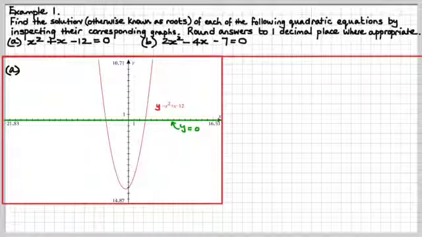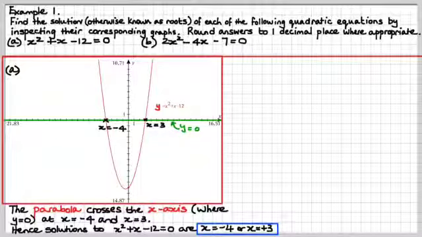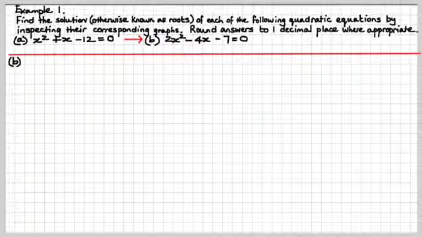So there's my green line, y equals 0, there are my values, and therefore they are the solutions. The parabola crosses the x-axis where y equals 0, at x is minus 4 and x is 3. Hence the solutions to x squared plus x minus 12 equals 0 are x equals minus 4 or x equals plus 3. It's very easy, isn't it, guys?